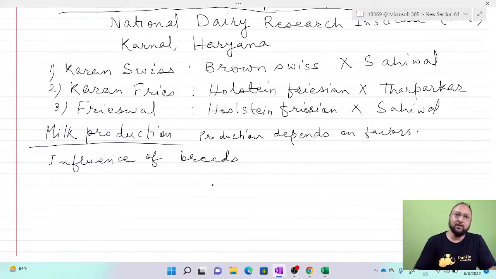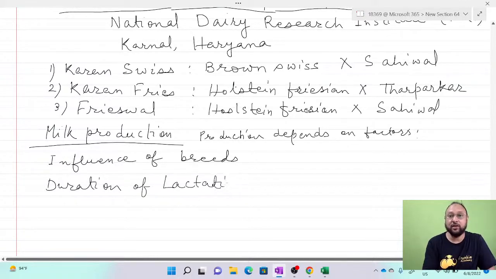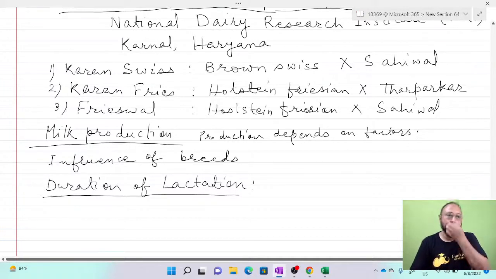Another one is the duration of lactation period. This milk is actually produced after they give birth to the offspring.